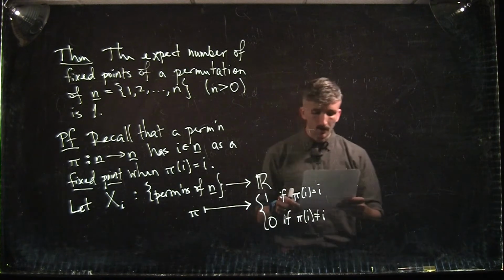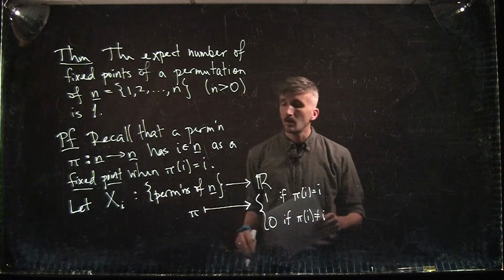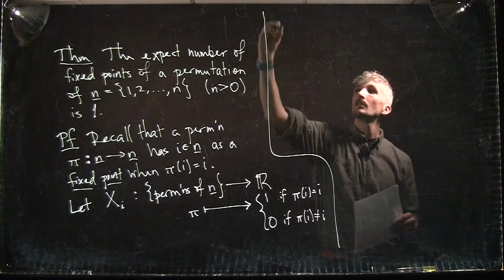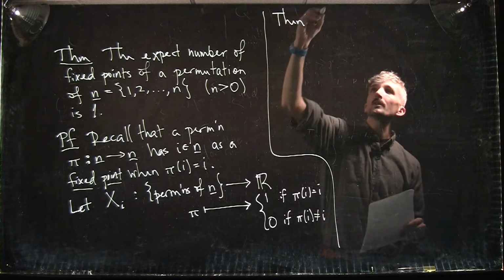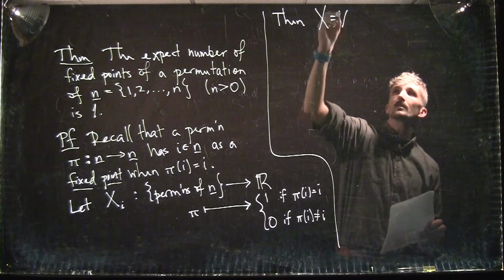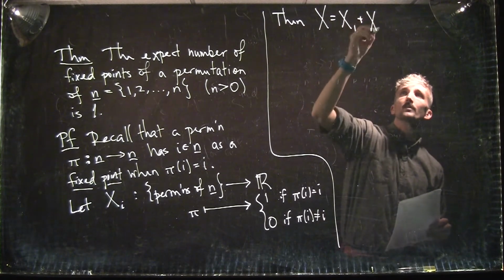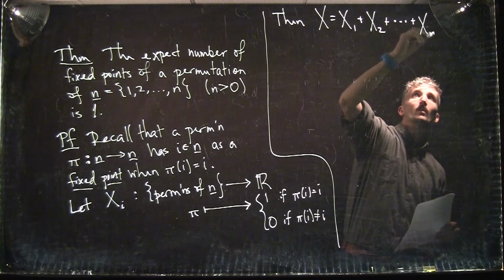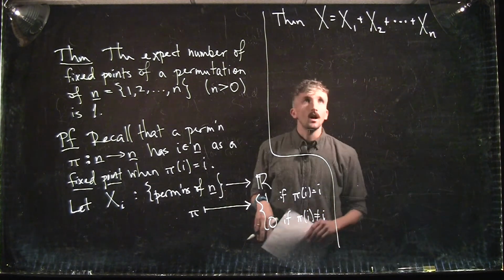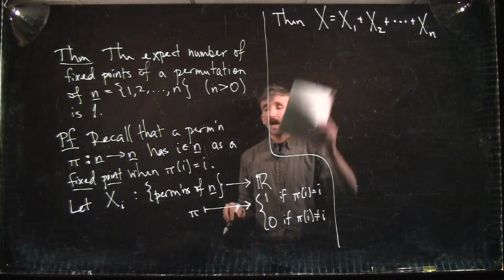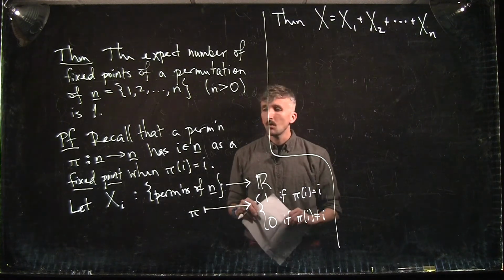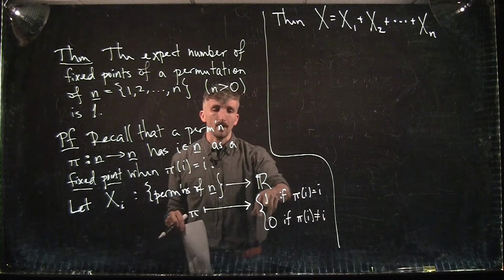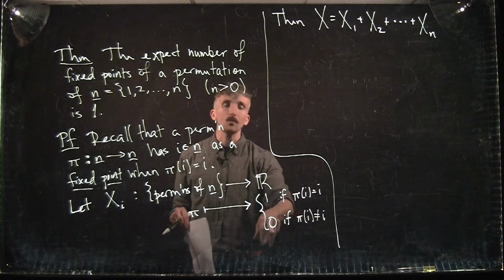And when we add up all of these x sub i's, we get something interesting. So let's let x equal x1 plus x2 plus through xn. We see that when we evaluate x on a permutation, well, for each fixed point, we add 1 to the value of x. And when we don't have a fixed point, we add nothing.